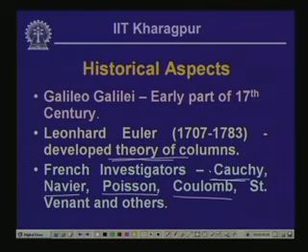In the earlier stages we had a lot of theoretical explanations and experimental evidences, but subsequently French investigators like Cauchy, Navier, Poisson, Coulomb, Saint Venant and several others devoted their attention to the theoretical development of the mechanics of materials, and this subject today is based on their research investigations, and several theories came up based on their findings.